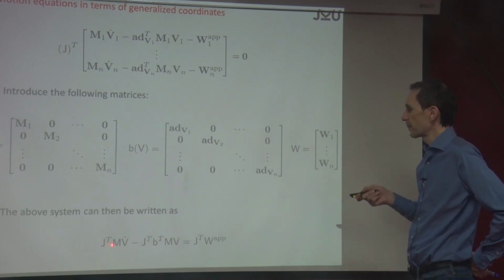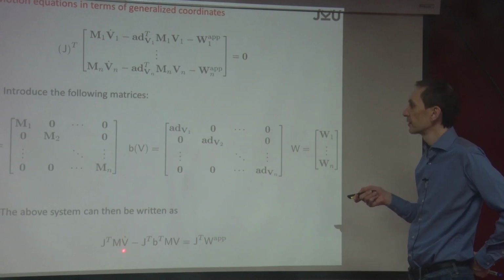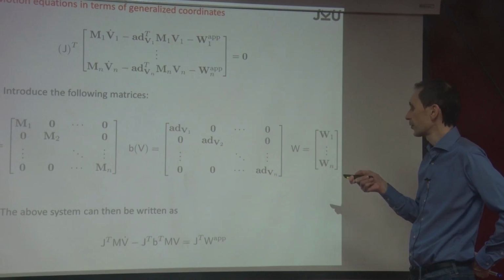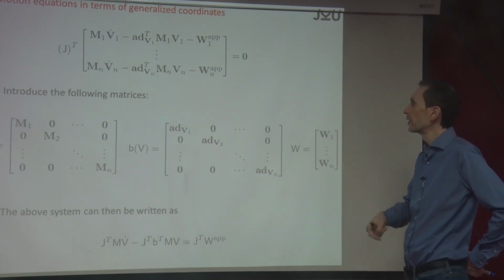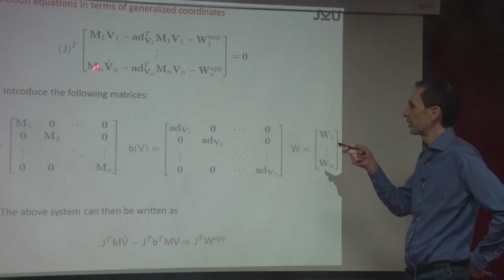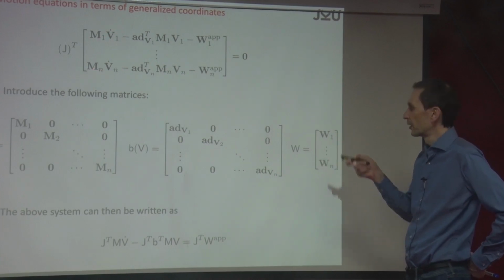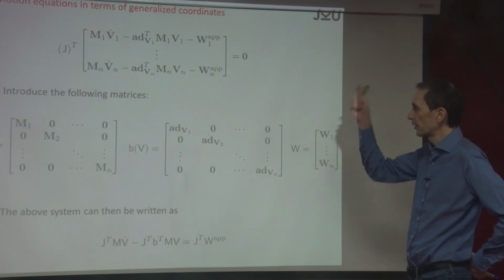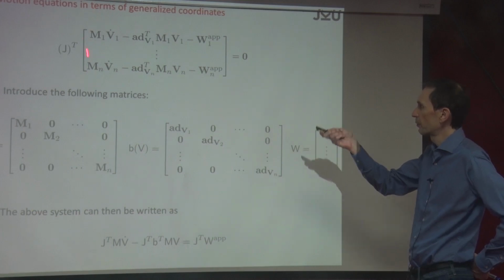If you say M times V dot, where V is the vector with all the V's in there, the system twist, that is essentially the first term. So M times V dot gives a vector, which is this part.